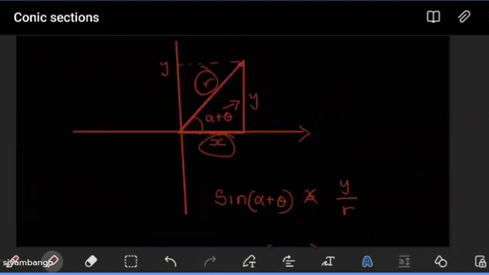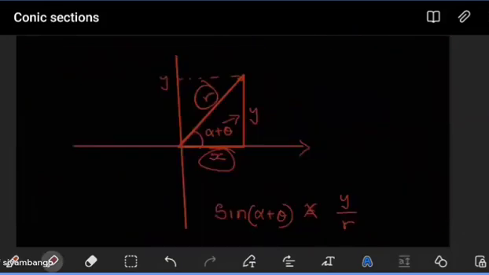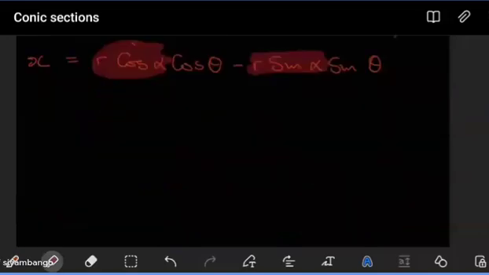We did this earlier. Capital Y is r sine alpha. Capital X is r cos alpha. This now reduces to x is equal to, where we have r cos alpha, this will be capital X, minus where we have r sine alpha, this will be capital Y.